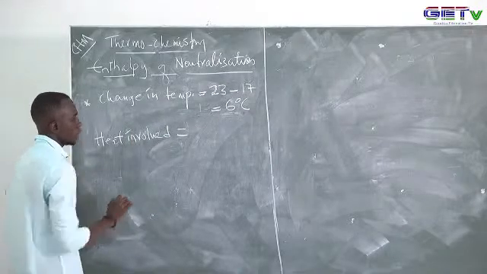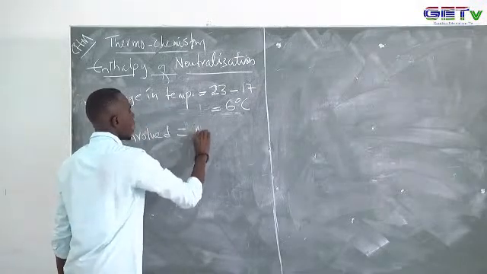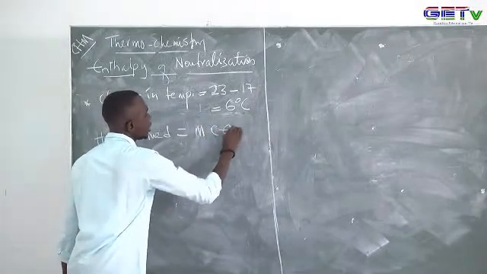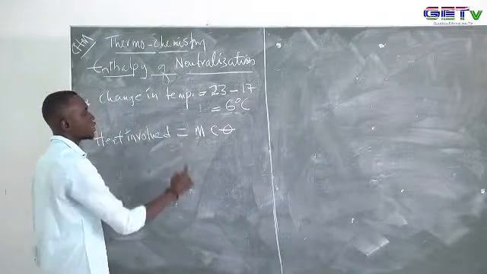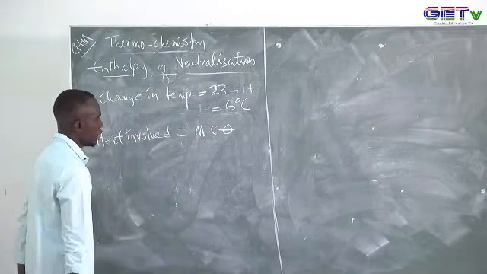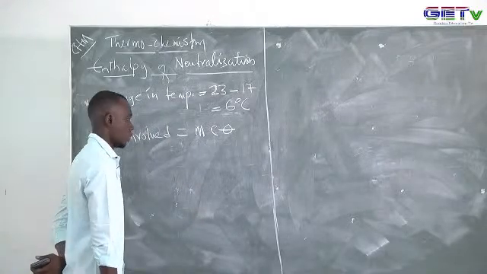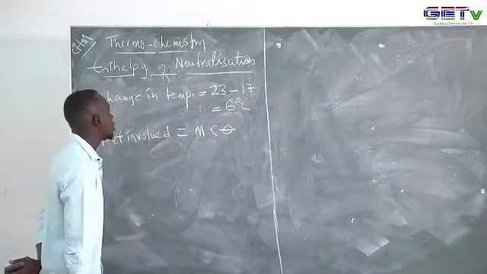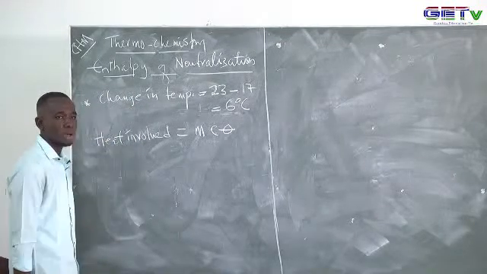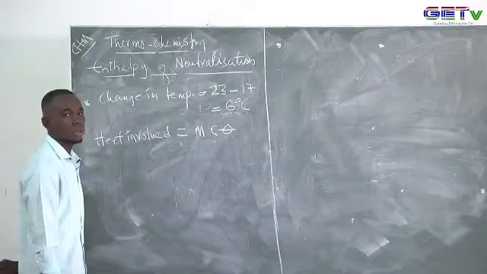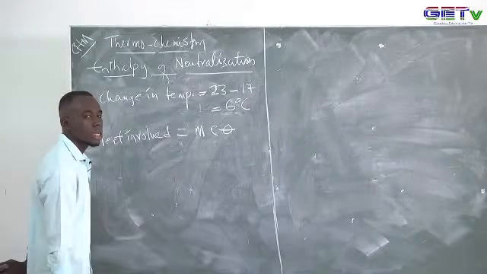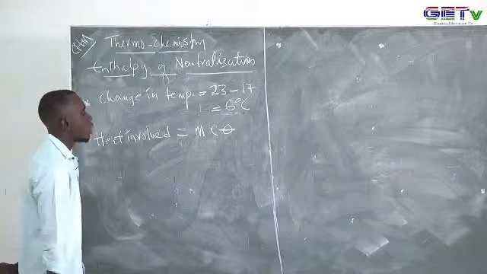Involved. Now, the heat involved here is calculated by mc theta. Again, the m is the mass of the water used, the c is the specific heat capacity of water, and theta is the change in temperature. And according to the question, 100 cm³ of water was used. And here we have what?